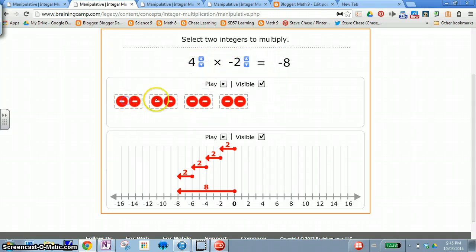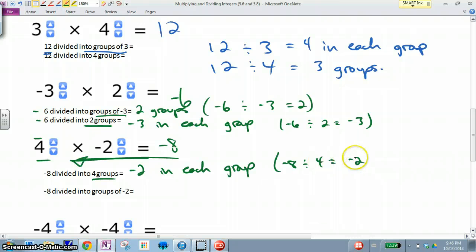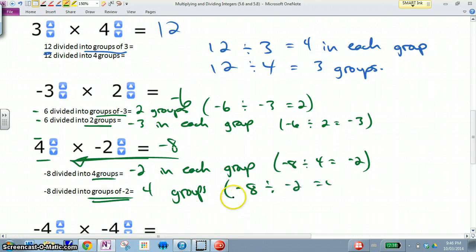There's a group of negative 2, another one, third one, fourth one. So we can write it both ways. Negative 8 divided into 4 groups equals negative 2 in each group, or negative 8 divided by 4 equals negative 2. Negative 8 divided into groups of negative 2 equals 4 groups, or negative 8 divided by negative 2 equals 4.